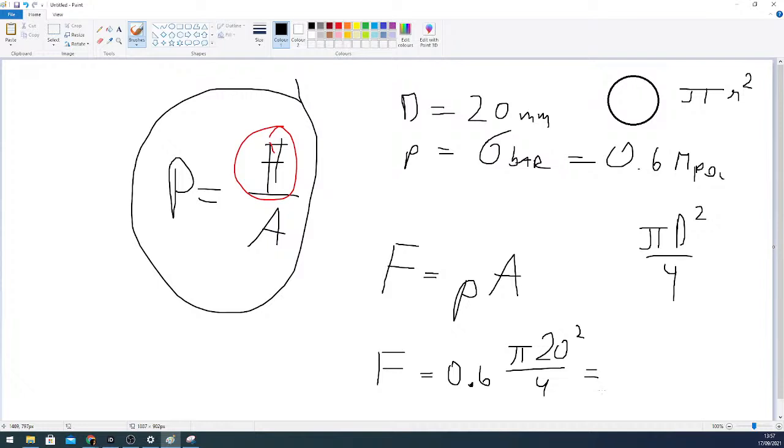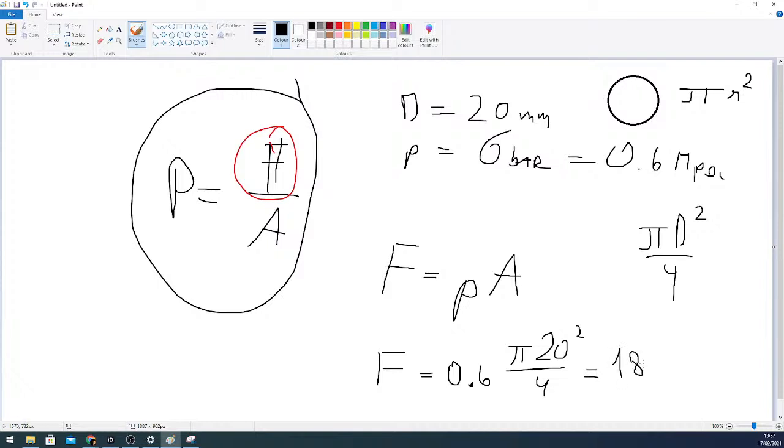Can you calculate it? I can say it's over 100, close to 200. 1884.